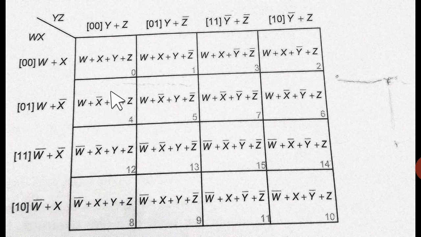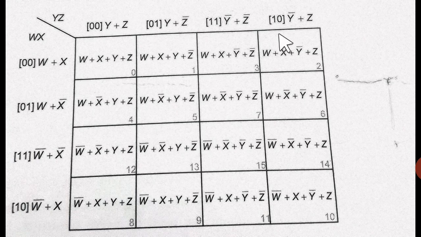Now we check the column side for yz: 0 0 gives y plus z, because we don't complement the zeros in the maxterm, we always complement the ones. For 0 1 we have y plus z', complemented because it has the value 1. For 1 1 both are complemented, so y' plus z'. Finally 1 0 gives y' plus z, because y has the value 1 so it is complemented, and 0 is untouched.